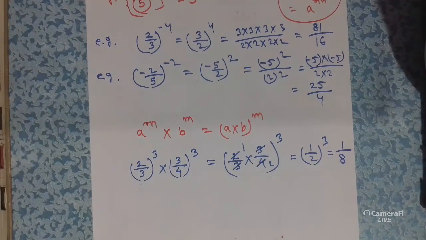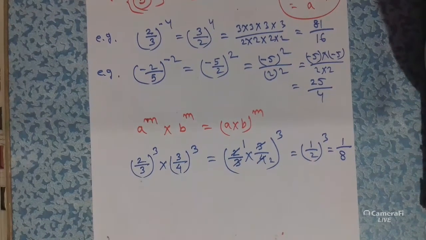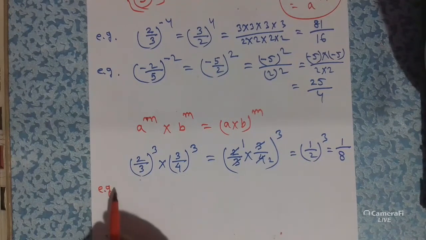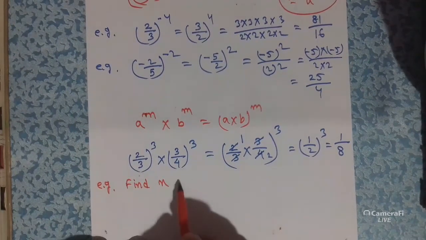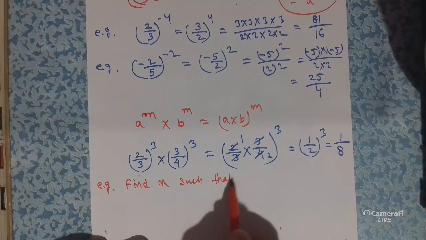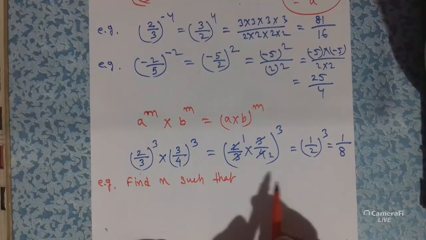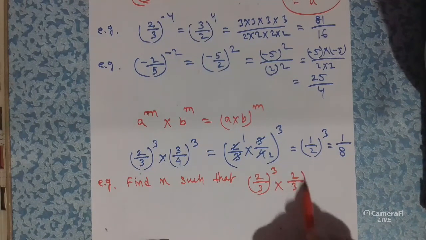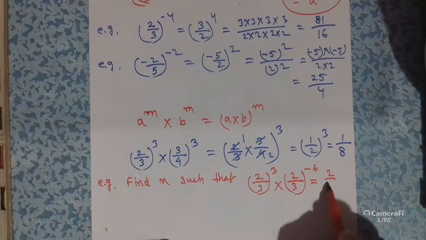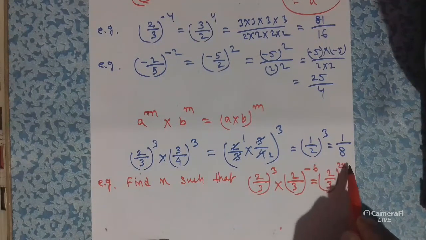Now I am going to show you some more examples. Sometimes the problem is: find x such that (2/3) to the power 3 multiply (2/3) to the power minus 6 is equal to (2/3) to the power 2x minus 1.